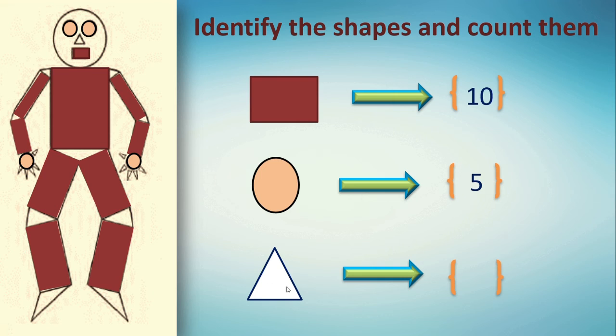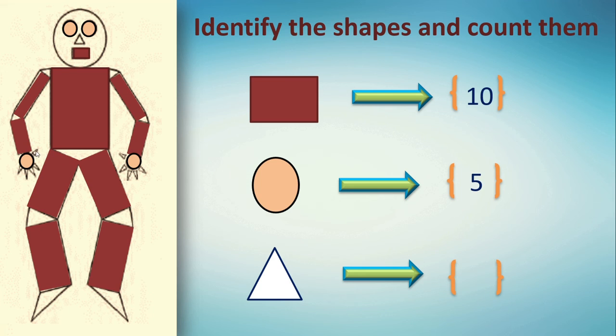Now we will move to this triangle. Triangle we will color by white. So here 1 we will count like this only. 1, 2, please see the cursor. This is 3, right? 4, 5, right? 6, correct?